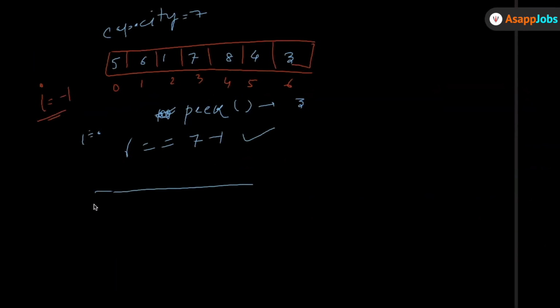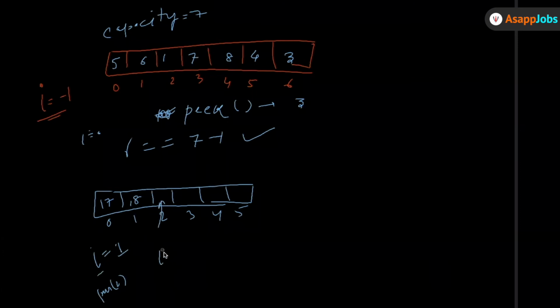Suppose this is a new array which I'm using for showing the stack. At this stage, the value of the index is equal to 1, right? So next time when I have to push, say I have to push 2, right? So basically, I have to add data here, right? So for that, I have to first increment I. So I have to first make I equal to 2.